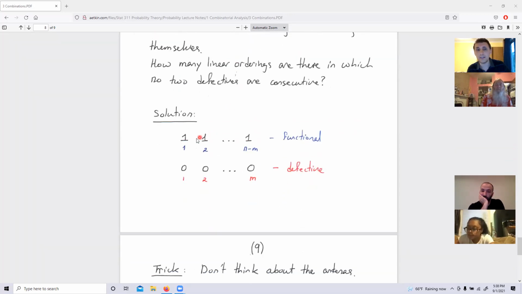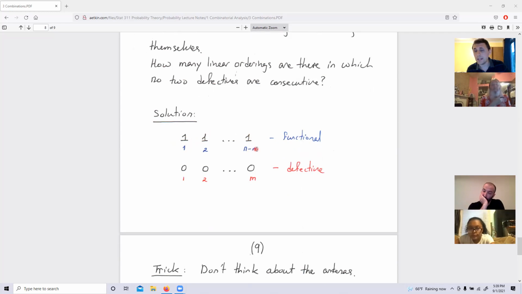Imagine that the functional antennas are designated with 1. And here we place 1s. Now, between the 1s, in front of the first one and after the first one, and basically between any of them, there is space. Do you agree? There are spaces. So how many spaces are there?